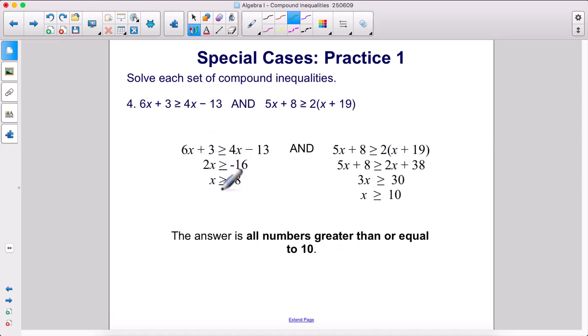When we solve the first one, we get x is greater than or equal to negative 8. So here's negative 8. We go this way. When we solve the second inequality, we get x is greater than or equal to 10. So the answer is all numbers that are greater than or equal to 10.